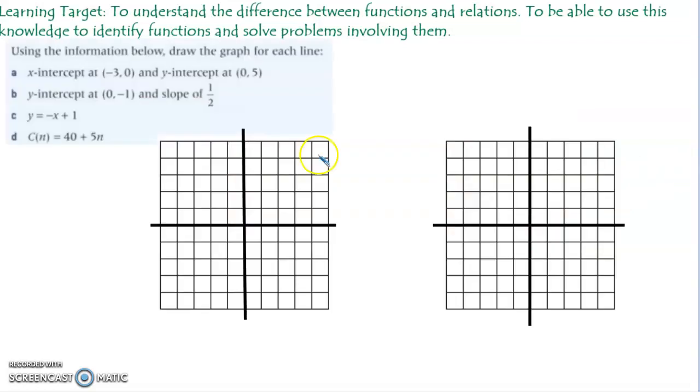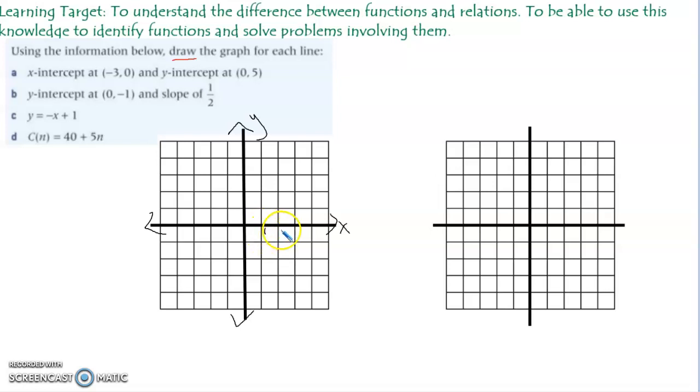Okay. So here we see draw, which means we need to be putting effort into the visual representation. So A says x-intercept of -3, 0, and then a y-intercept of 0, 5. So I would automatically, if not provided already, label your x and y axes before you even begin. And then number your x and y axes with the values that are important.